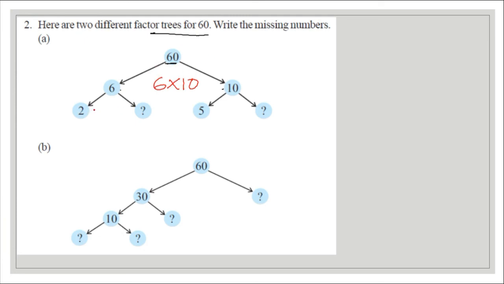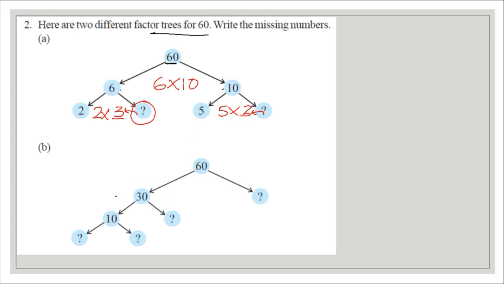Here 2 multiplied to which number gives 6? It must be 3. So this missing number is 3. 5 multiplied to which number will give 10? It must be 2. So this missing number is 2.